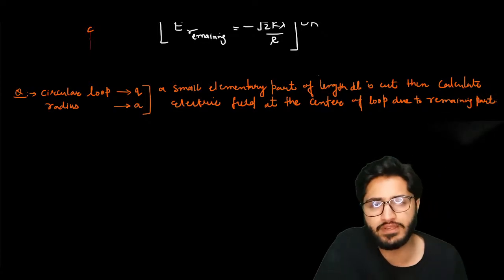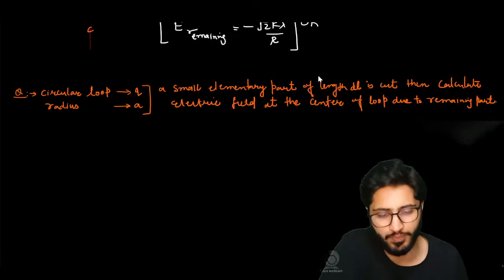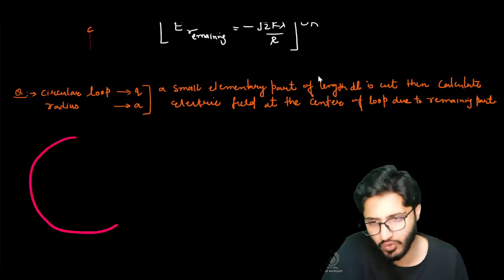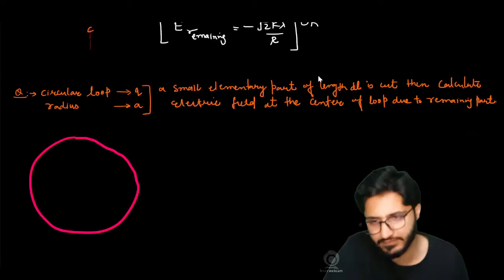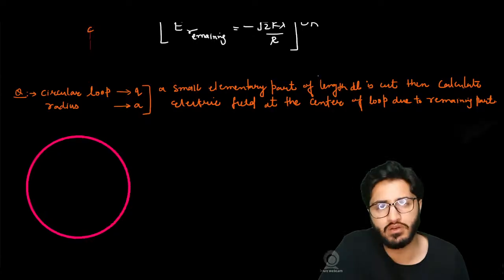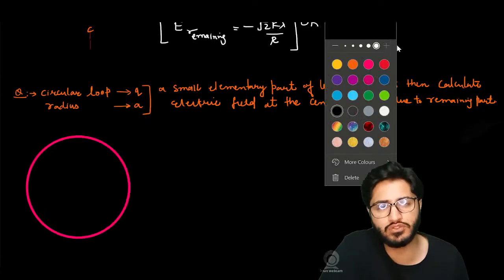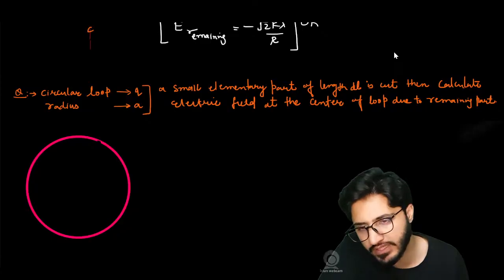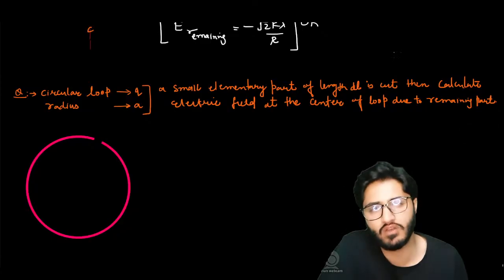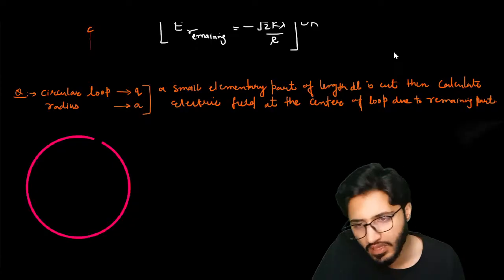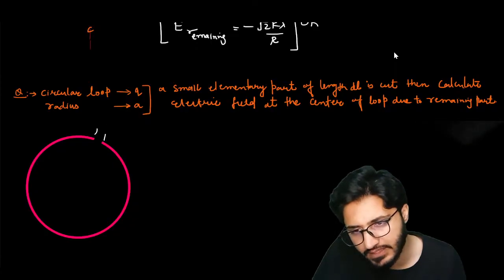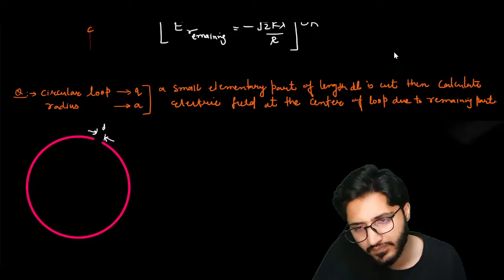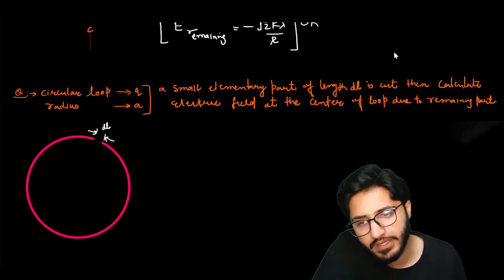So what we have here is a loop. Now look, my loop is like this. We have cut a small portion from here, and the length of this cut is given to be dl.